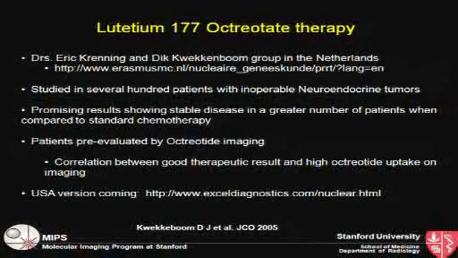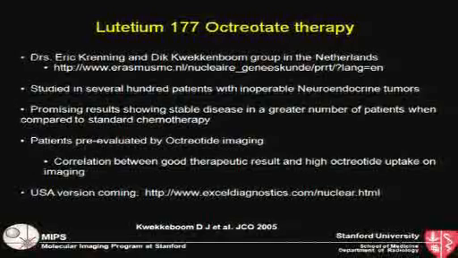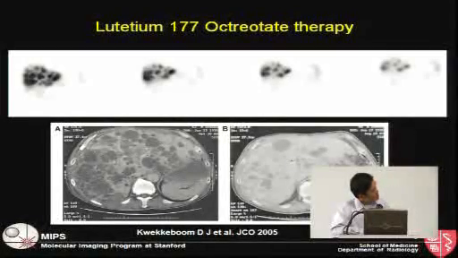This was developed by Eric Krenning in the Netherlands, and you can look it up. This website is on your syllabus, I hope. And he's done this in several hundred patients. He's got very good results. But the concept basically is what I've shown you in one of the initial slides, where we're taking advantage of the fact that there are somatostatin receptors on the cell surface.